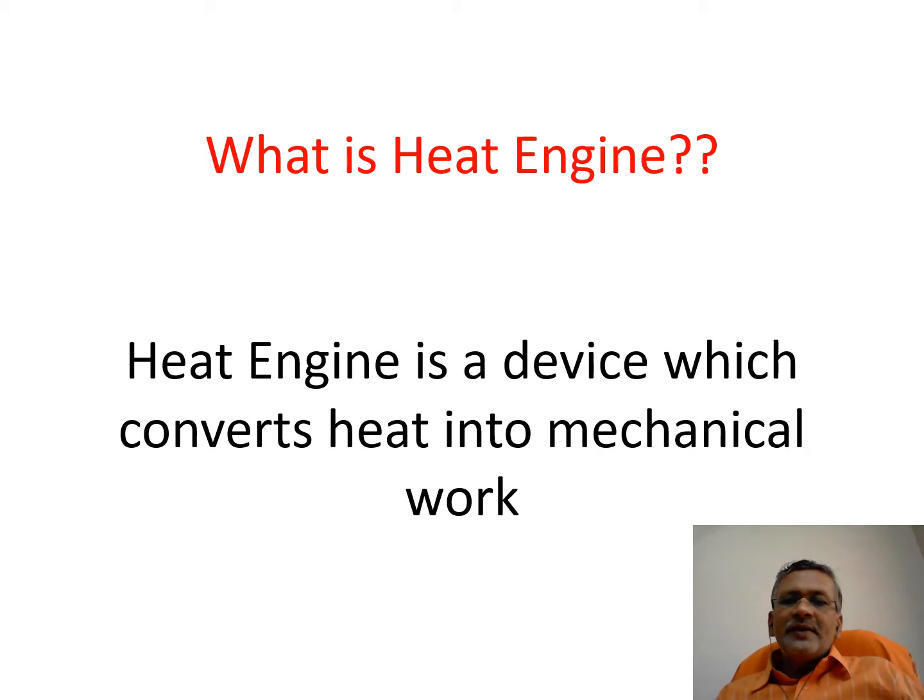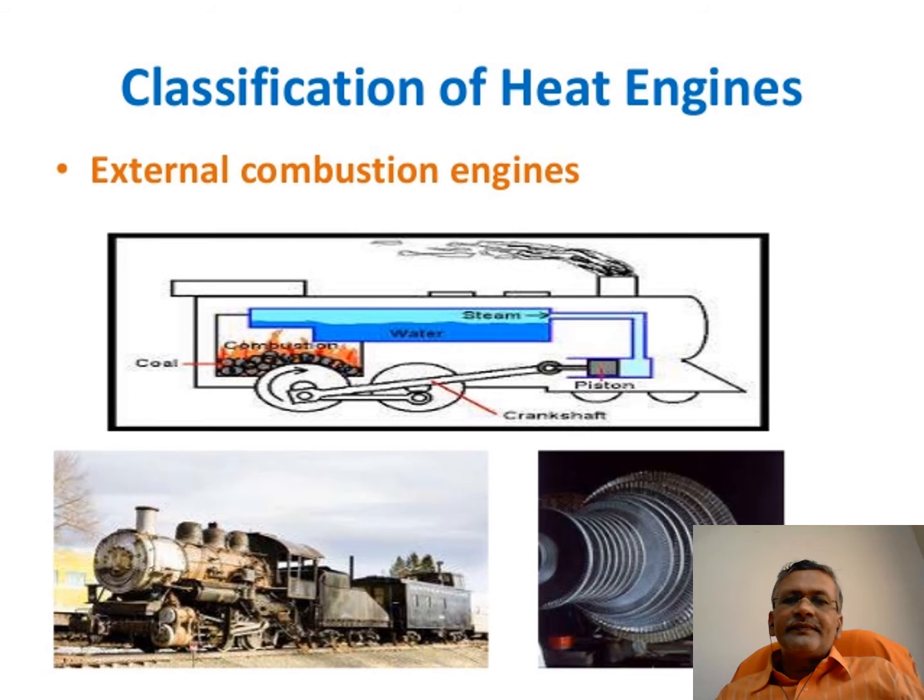Now the question arises, what is a heat engine? A heat engine is a device which converts heat into useful mechanical work. Engines are classified into two types: external combustion engine and internal combustion engine.